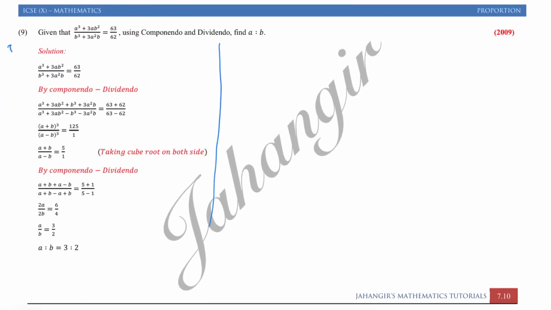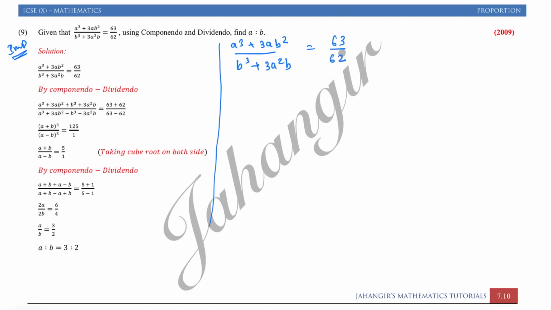This is an important question, an identity based question that we did in exercise B. The last two questions were based on this topic. So here we get (a cube plus 3ab square) upon (b cube plus 3a square b) is equal to 63 upon 62.